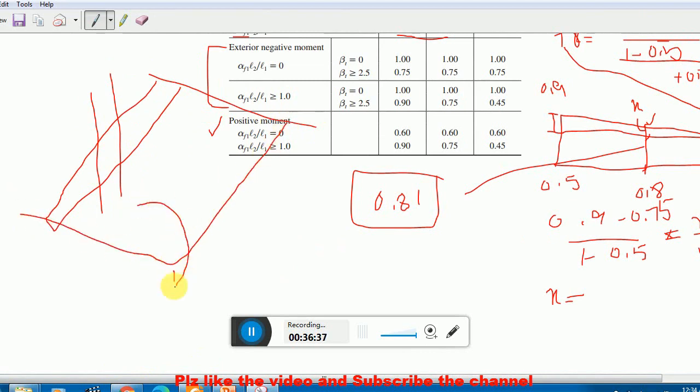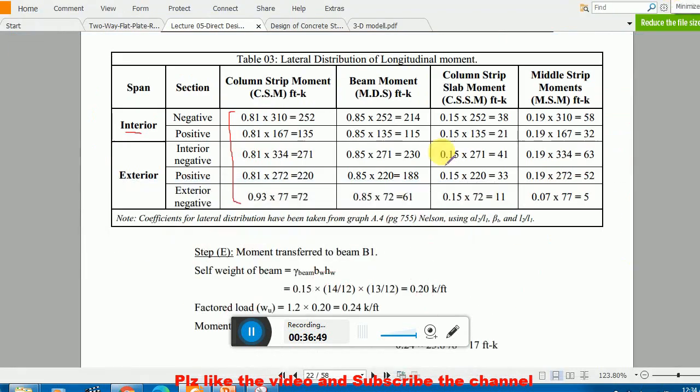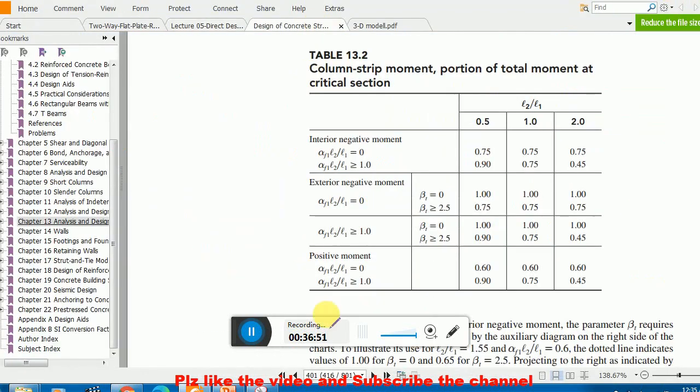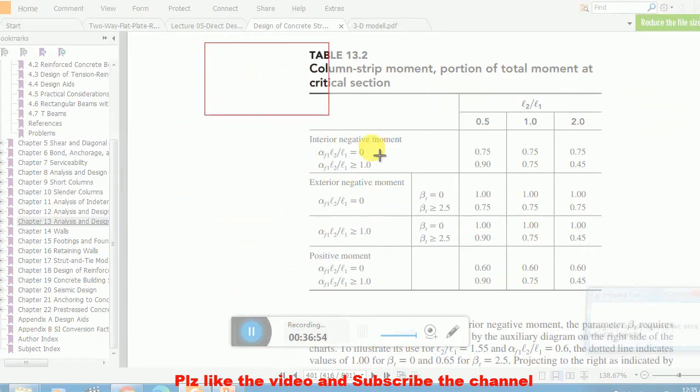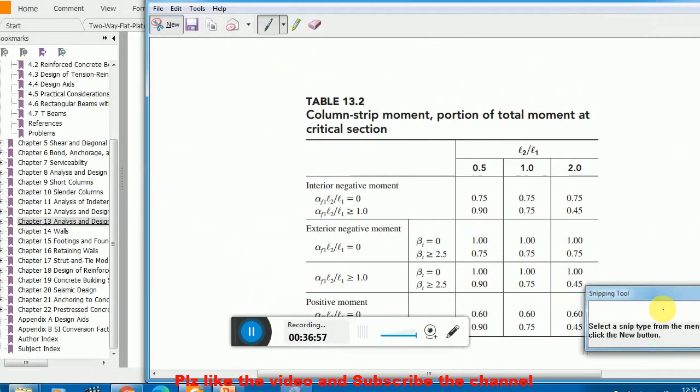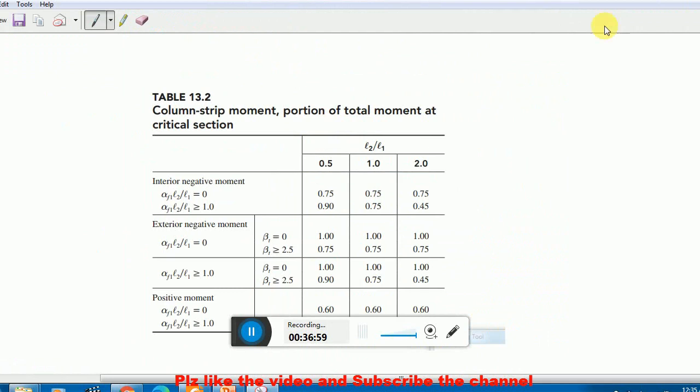This slab system is exerting torsional stresses, so due to that we have to account for this beta. This beta is accounting for those torsional stresses. Now let me show you how we calculate it. This is a little bit tricky calculation.